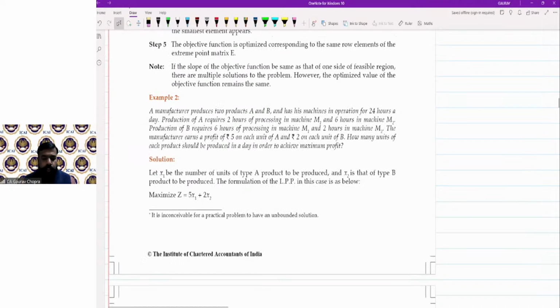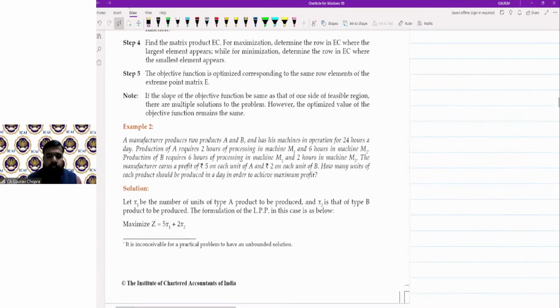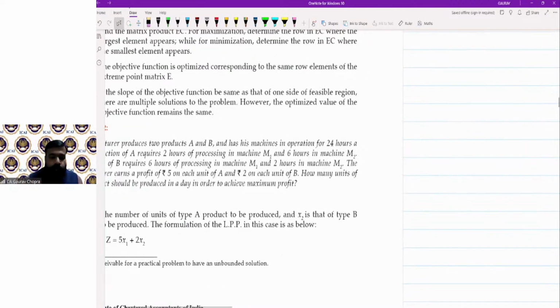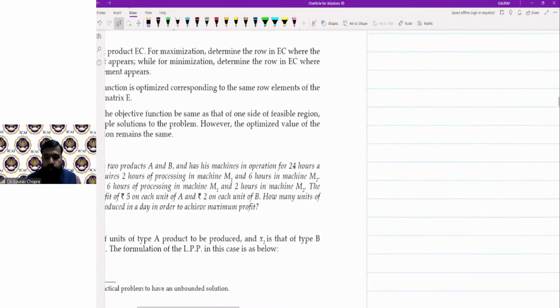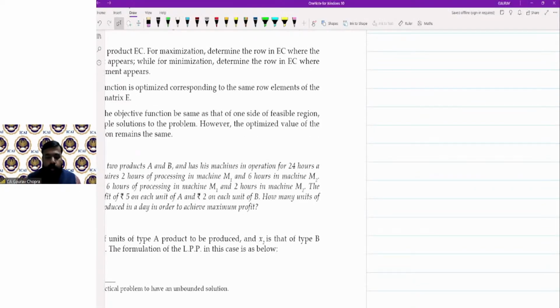Before that there is one more thing, which is known as the objective function.